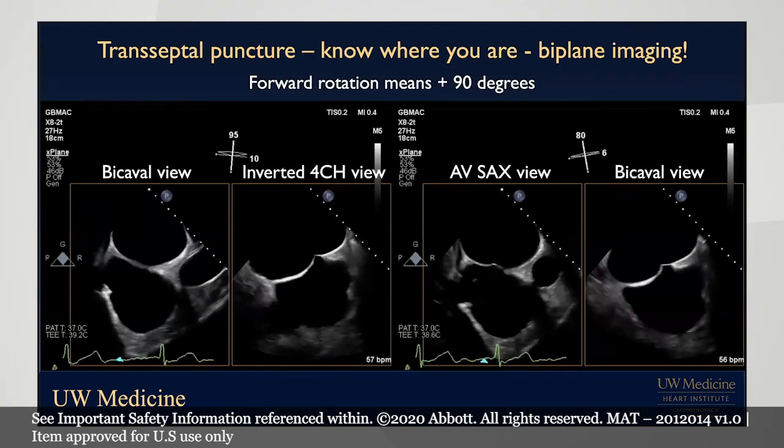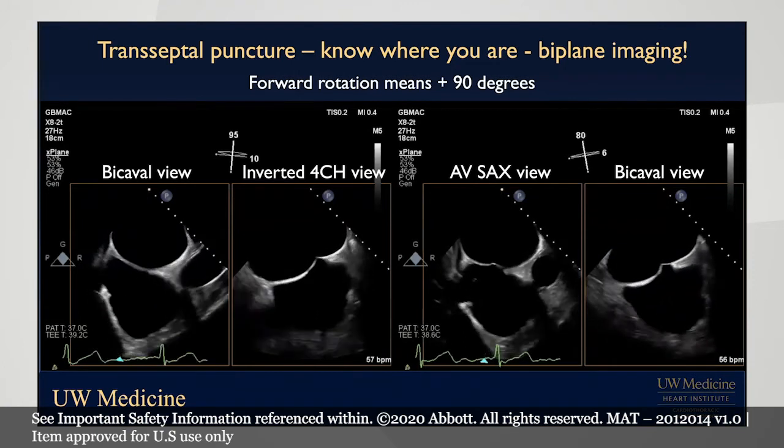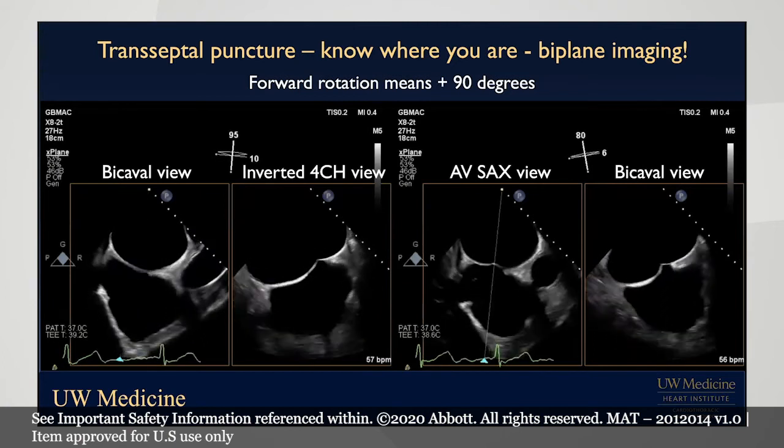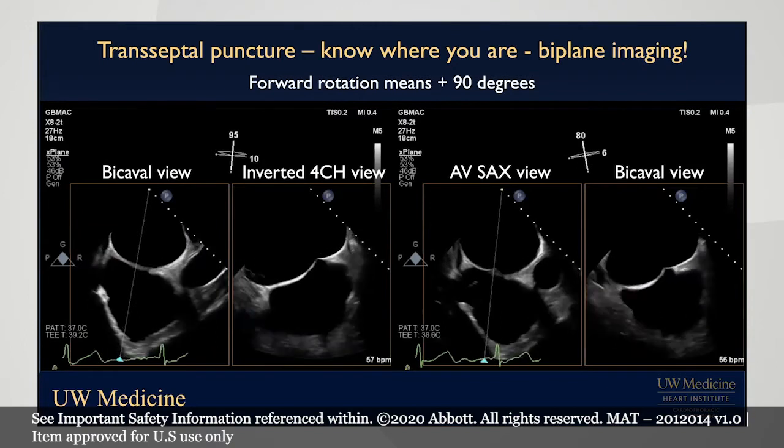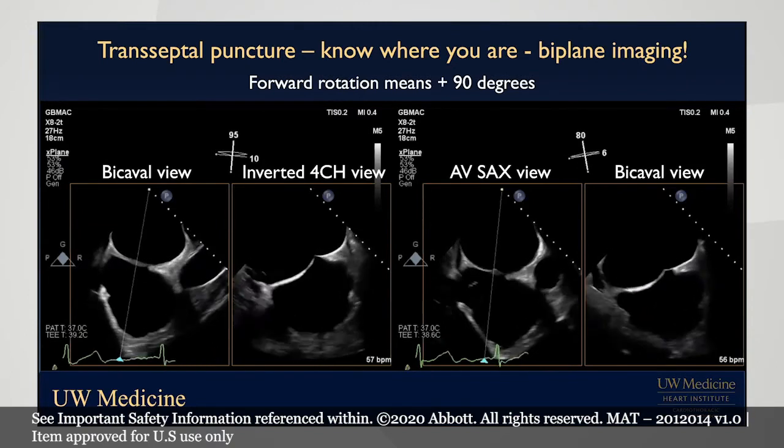On the right-hand side, you see a beautiful illustration of a short axis view for the aortic valve and a good tent in a very thin portion of the septum. And then the right side image is rotated forward towards a bicaval view in this example.